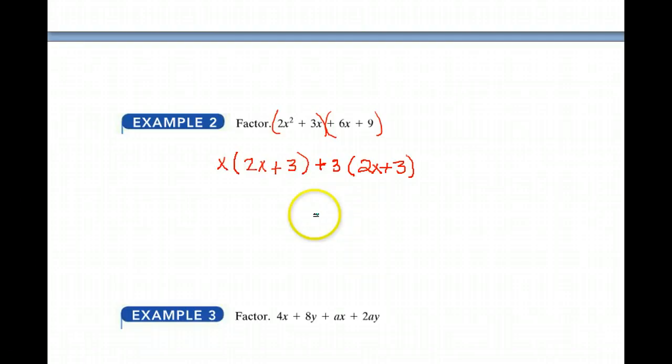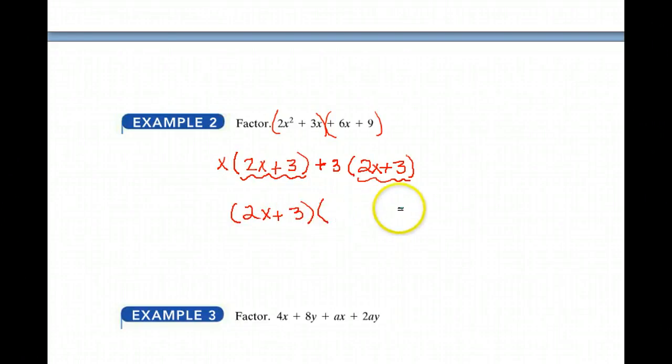When you do this correctly, you should create groups that are identical. If you have not created groups that are identical, then something did not work correctly. Once you have created those identical groups, then you pull that group down into the next line, and we're going to create a second group out of the items that are left over, which are the x and the positive 3, so they make their own group of x plus 3.